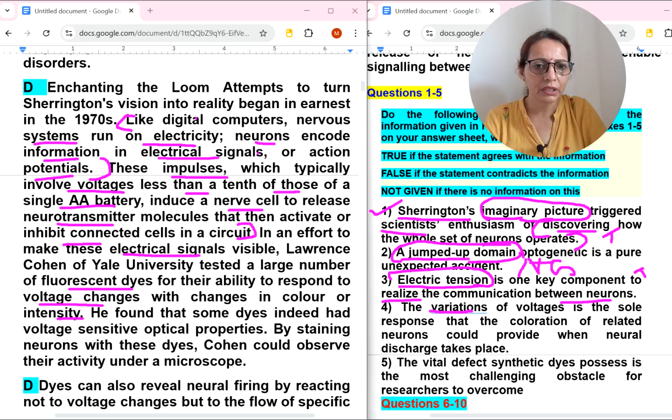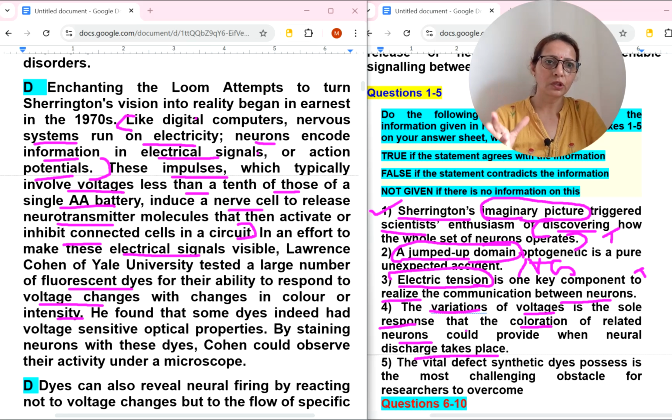The fourth: the variations of voltages. So the voltage word is here. See this: the variations of voltages is the sole response that coloration of related neurons could provide when neural discharge takes place. So much big sentence. The variation of voltages is the sole response. Is it the sole response for the coloration of related neurons when neural discharge takes place?